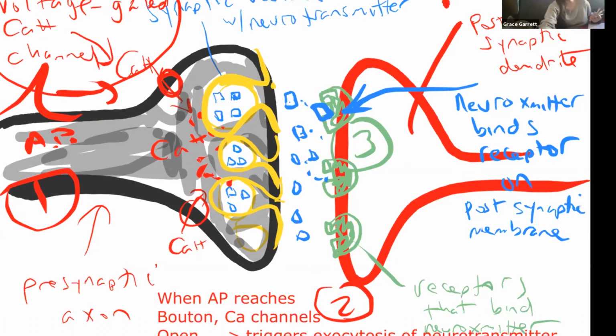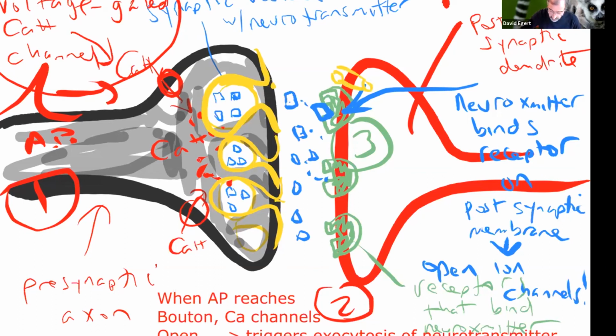Would it open something? Like open a channel? Exactly. Everybody hear Grace? When the neurotransmitter binds the receptor, this is going to open channels, open ion channels. Right, so then all of a sudden ions are going to cross this membrane. Which is what happens when ions cross the membrane?